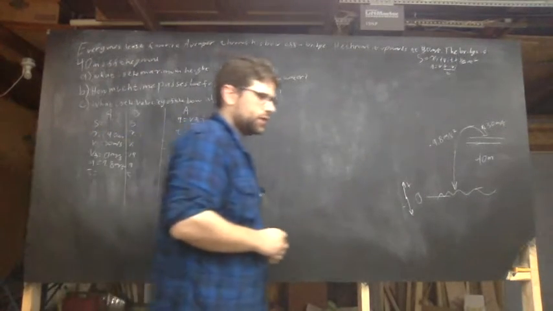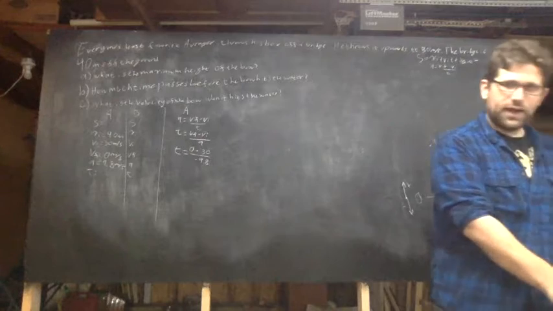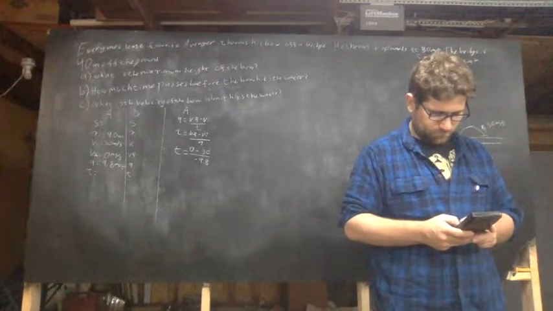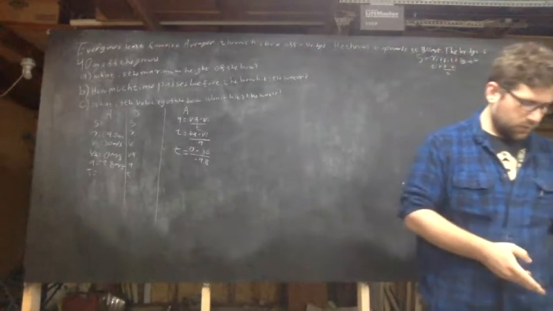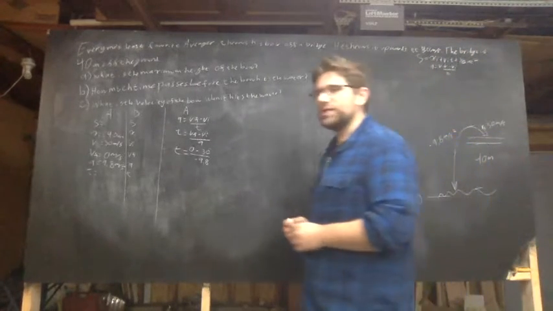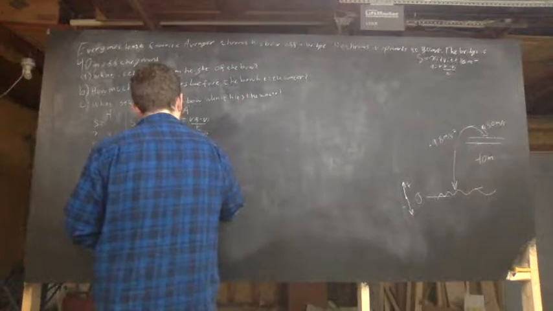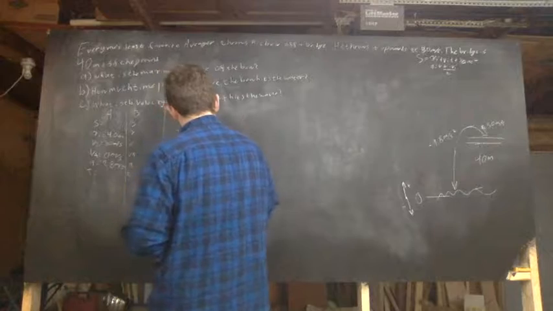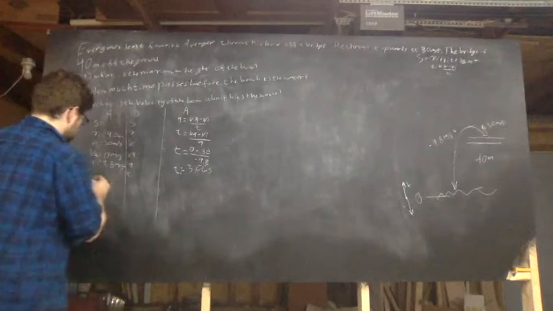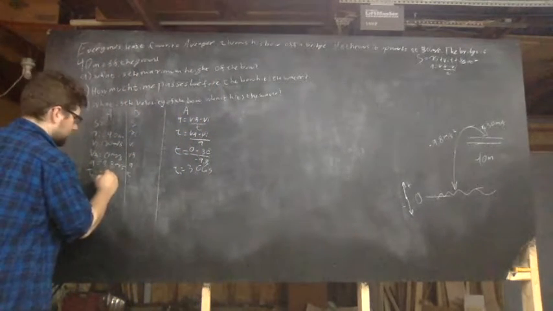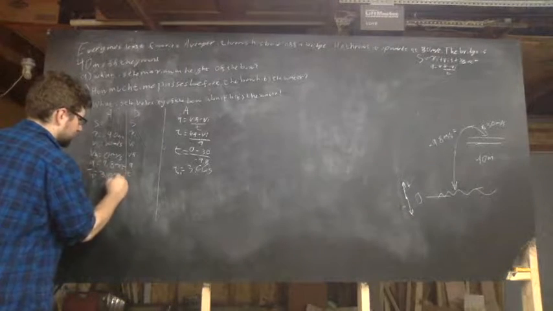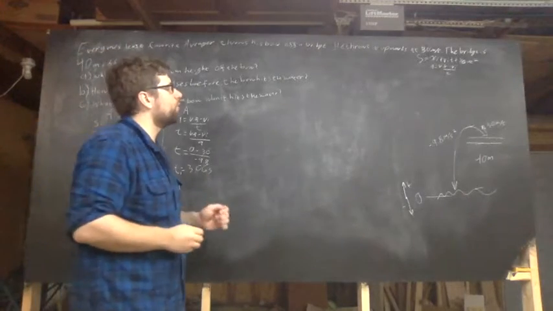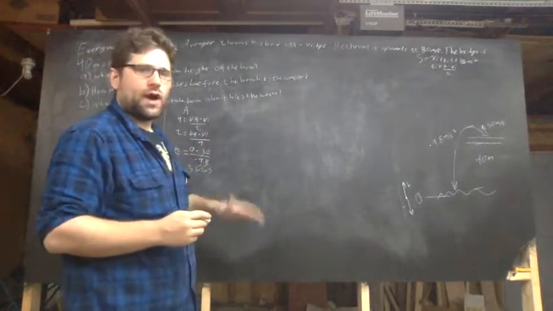So, negative 30 divided by negative 9.8. It's going to give us a value of 3.06 seconds. So T1 is 3.06 seconds.